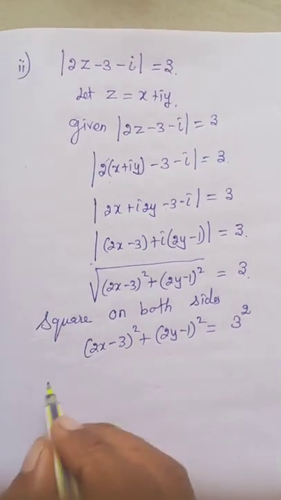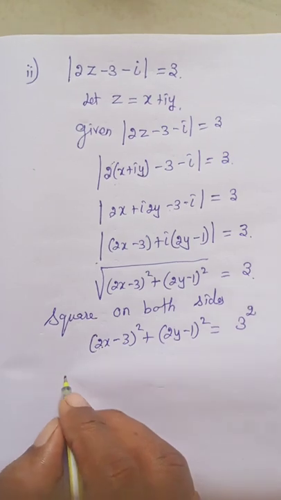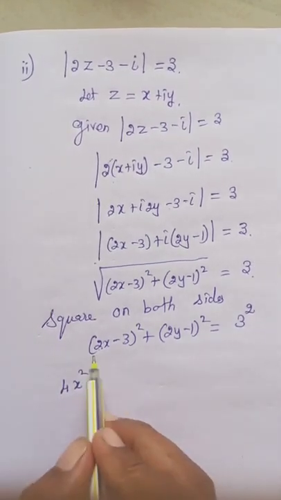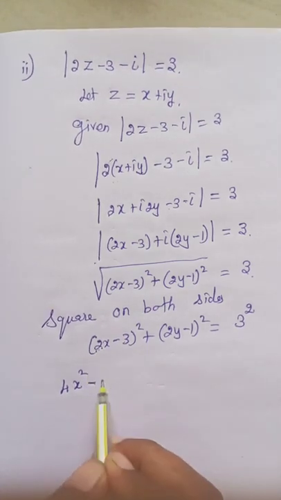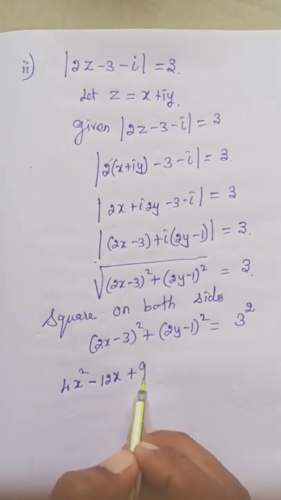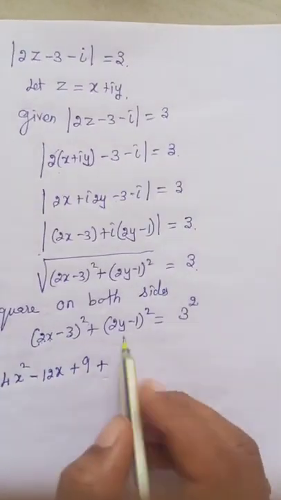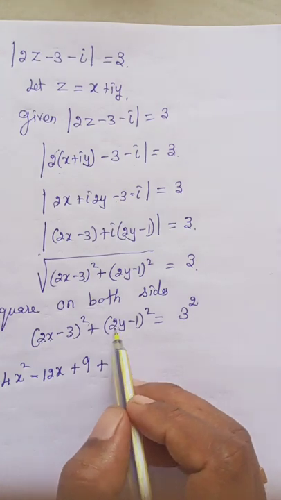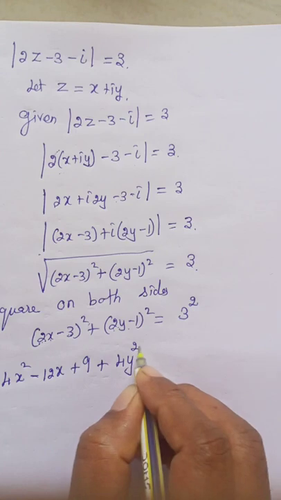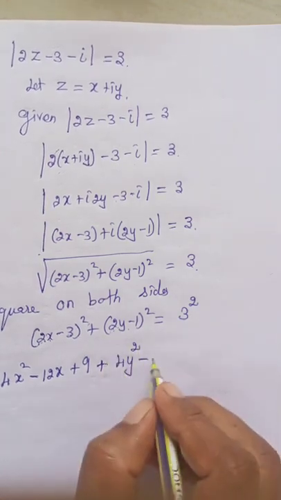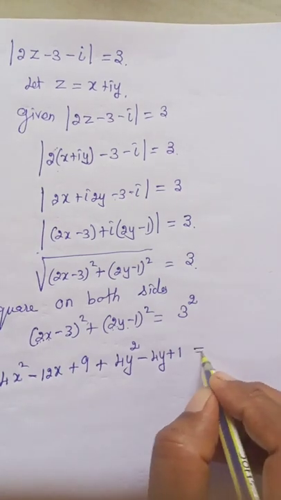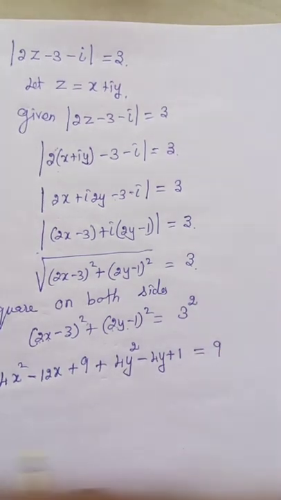See, (a minus b) the whole square: a square, (2x) the whole square is 4x square, minus 2ab, 2 into 2, 4, 4 into 3, 12x, plus 3 square, that is 9. Okay, plus now this one. Here also this is of the form (a minus b) the whole square: (2y) the whole square is 4y square, minus 2ab, 2 into 2y, 4y, plus b square, 1 square is 1, equal to 9.